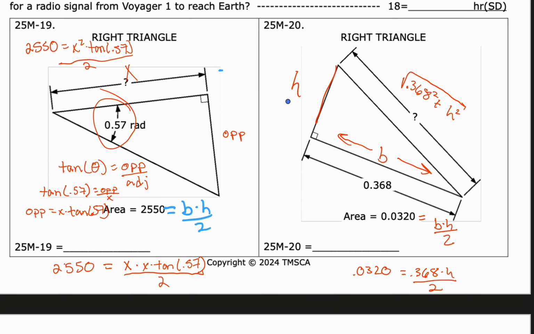So we can rewrite the height of this triangle, the opposite side, as x times tangent of 0.57. Putting that into the area formula, the area here is 2550. That's going to equal the base times the height, x tangent of 0.57, divided by 2. Multiply by 2, divide by tangent of 0.57 on the 2550, and then square root, and there's our answer.